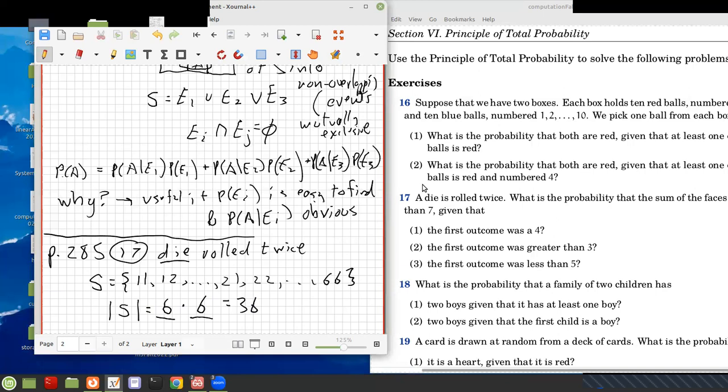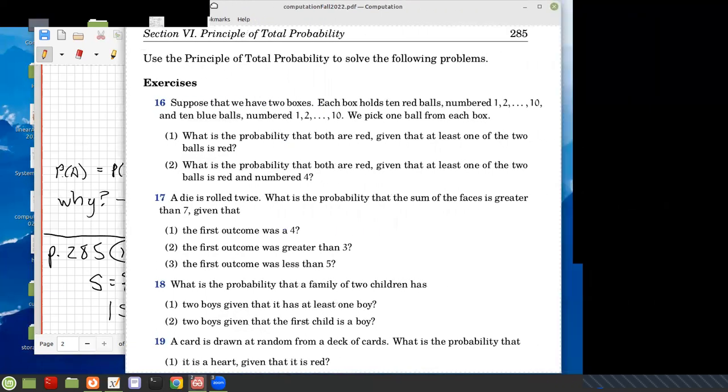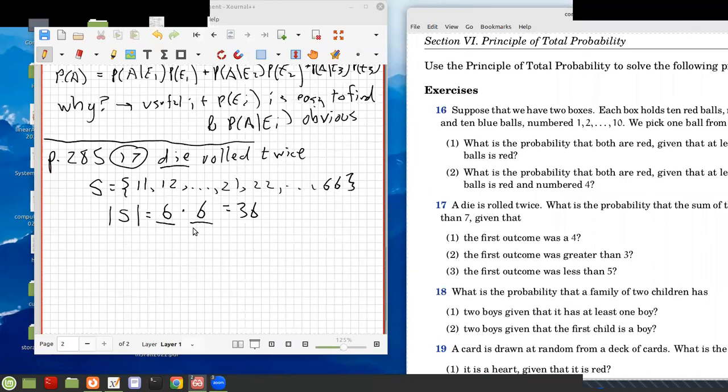And it asks, what's the probability the sum of the faces is greater than 7? Okay, so this seems like a hard problem. So we have the event where the sum is greater than 7.